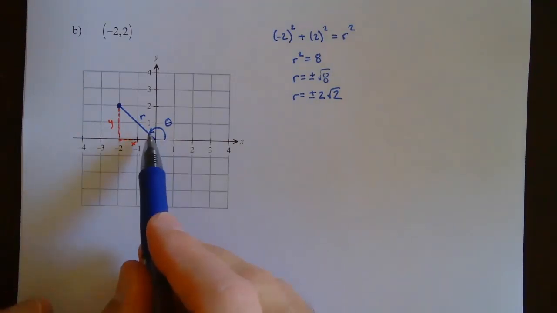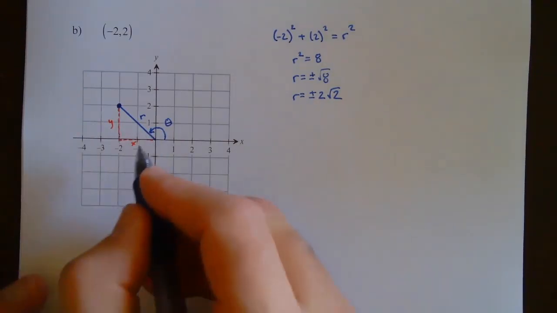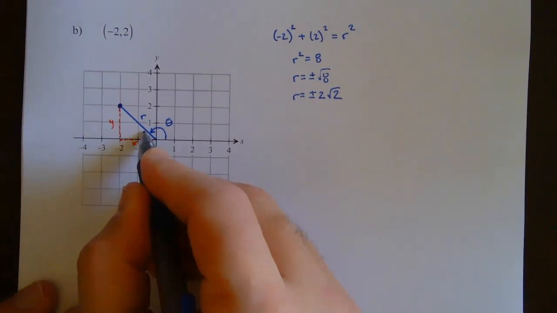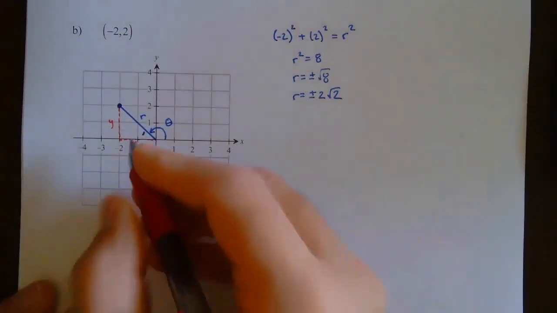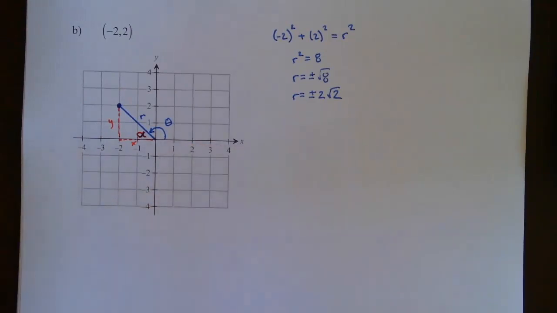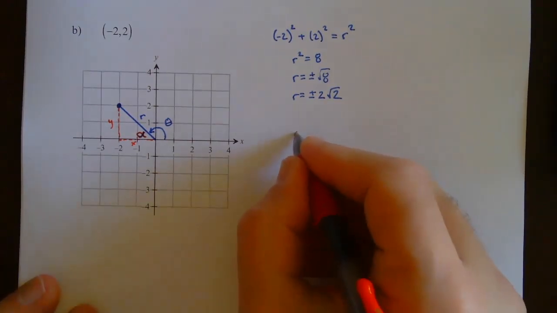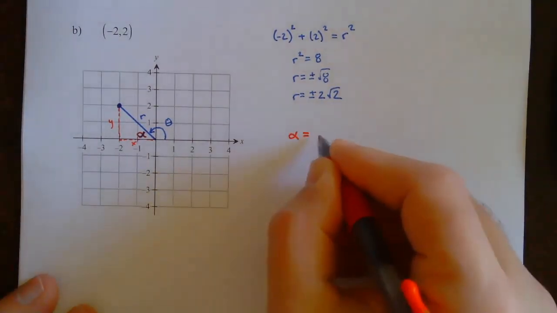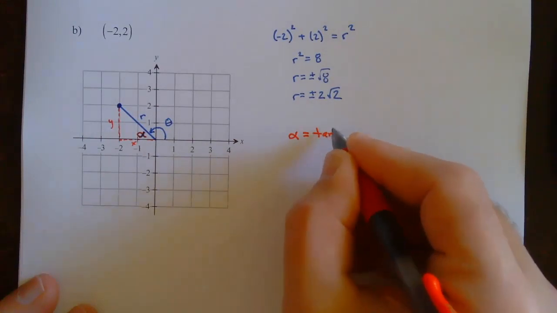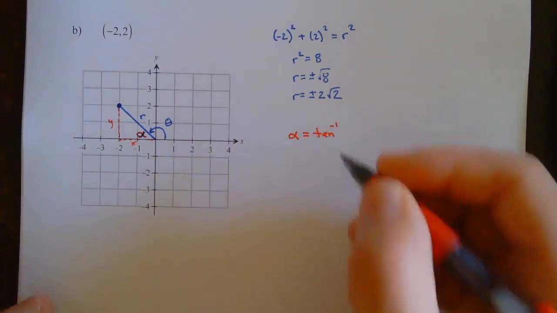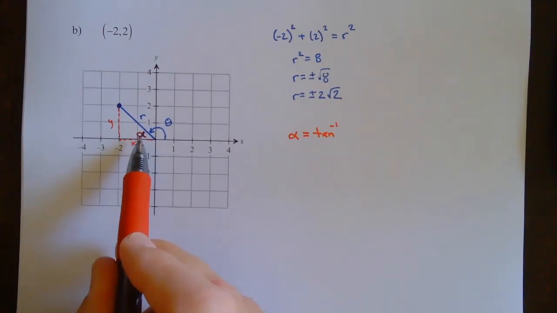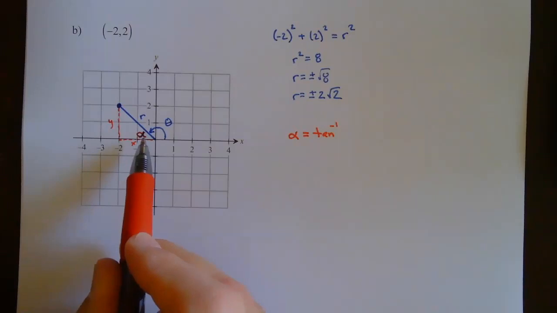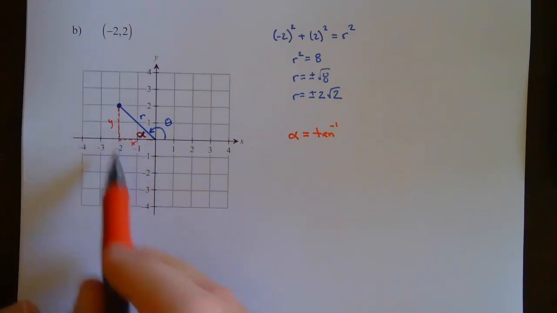So what's this angle of rotation? I'm going to get my alpha right here. I'm going to do it in red. We can use tan inverse to get our alpha. And so alpha must equal tan inverse of, okay, so this is an acute angle, and we can get acute angles using tan inverse. But we want all our coordinates to be positive.